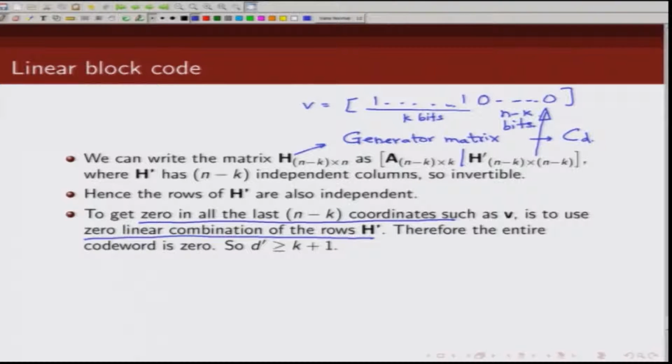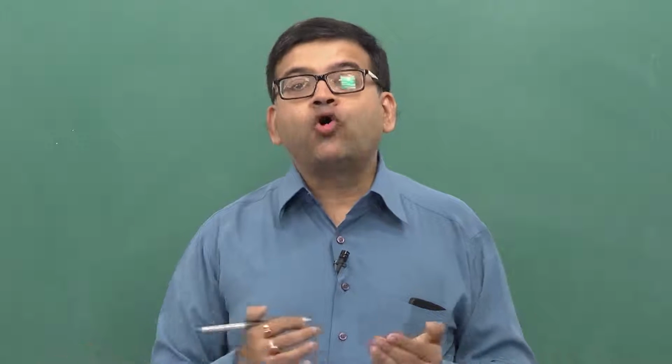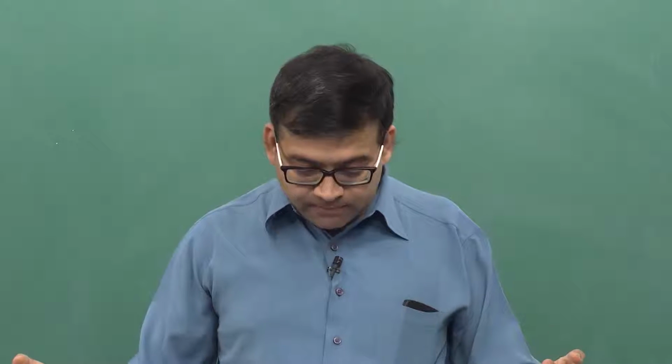Why? Because these are linearly independent columns and rows. So, the only way we can get all 0 here is if we take the 0 linear combination. So, we multiply all the rows of this generator matrix by 0. But if we do that, what is the minimum distance that we get? If we do that, the code word that we get is the all 0 code word.